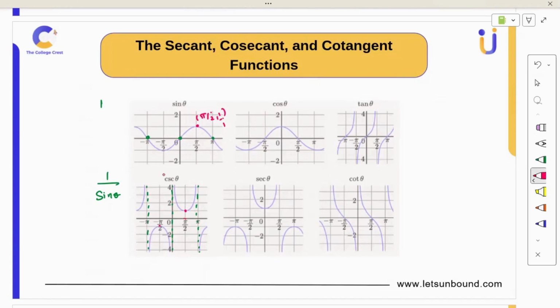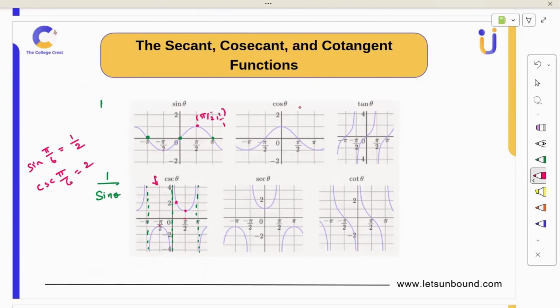Now when it is 30 degrees, that means pi by 6, sine pi by 6 is what? It is 1 by 2. But cosecant pi by 6 is 2. Just reciprocate them. Cosecant pi by 6 will be 2 somewhere over here. This way we have to plot it and we will get this kind of function, which is cosecant.